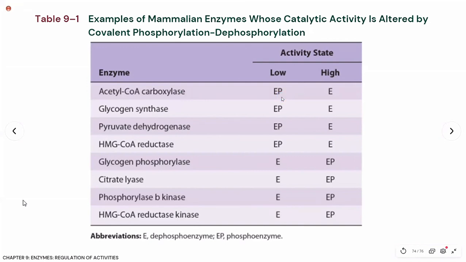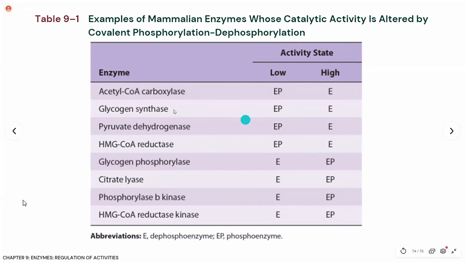With a phosphate it has low activity. Removing the phosphate becomes high activity. Look at glycogen phosphorylase. Without the phosphate, low activity. Addition of a phosphate increases activity. You see?